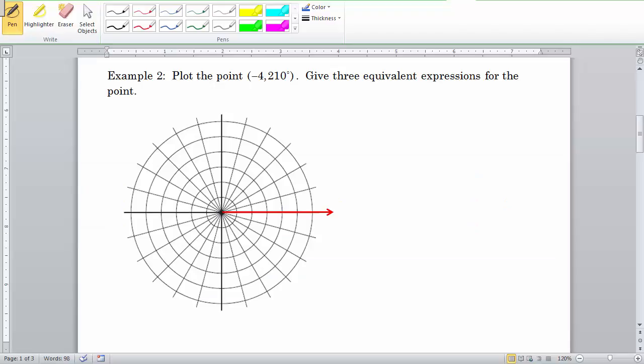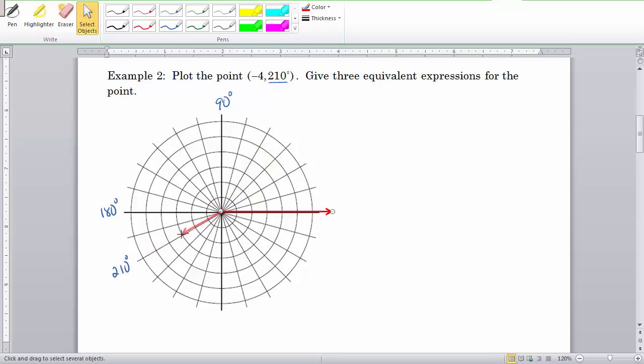So let's see if we can do this problem. Again, it might help to label where 210 degrees is. Remember, this is 90, and this is 180, plus 30, so this is 210 degrees. So I want to think about rotating all the way here.